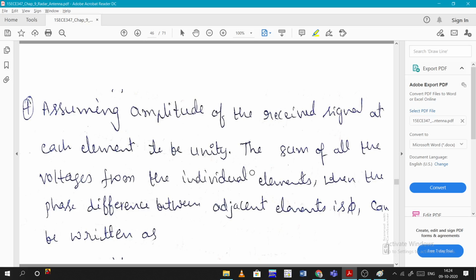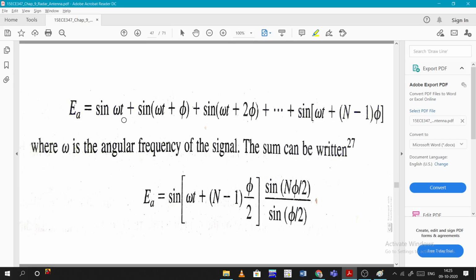Now assuming the amplitude of the received signal at each element to be unity, let us assume that the sum of all the voltages from the individual elements, when the phase difference between the adjacent elements is phi, can be written as sine wt plus phi, sine wt plus 2 phi, and so on, sine of wt plus n minus 1 of phi.